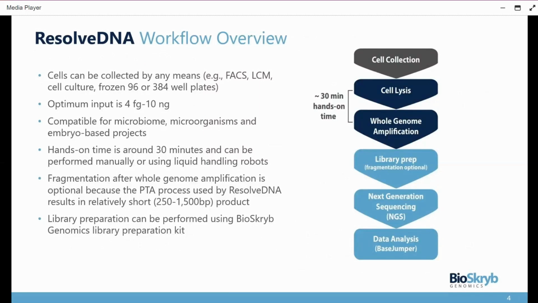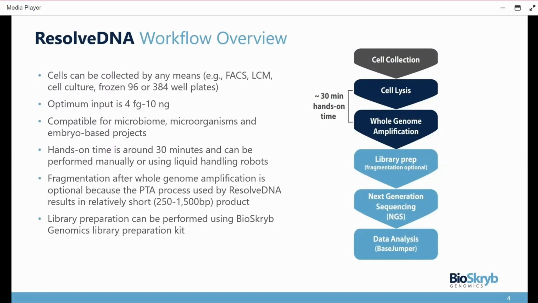The standard workflow for Resolve DNA looks a little bit like this. Cells are sorted into a microwell plate, such as a 96 or a 384 well plate. This can be achieved using flow cytometry, or it can be achieved using the CellCelector system from Sartorius.